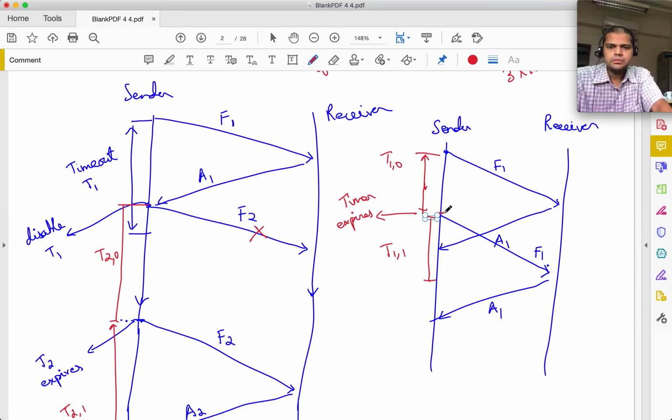Now what happens? He sent the frame a second time and he got back an acknowledgement before this timer expired. And so he might think that this acknowledgement is for the second attempt of his. Okay, so at this point, he's going to disable the timer.